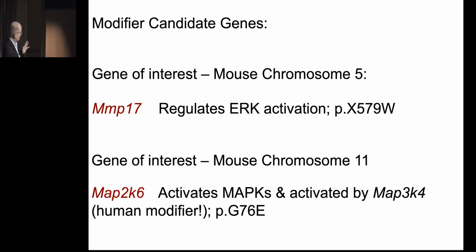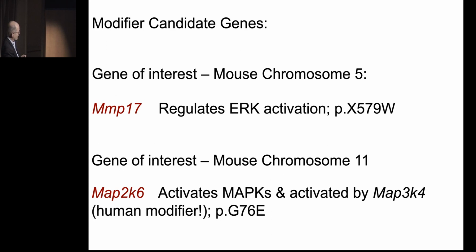So again, there were a number of genes in these intervals. Our attention turned to a specific gene on mouse chromosome 5 that's called MMP17. It's known to regulate ERK activation, and it has a stop-loss mutation that differentiates the black 6 and 129 strain.